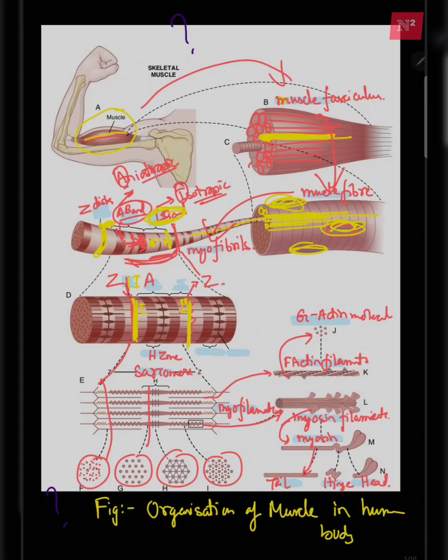If you take a cross section here, you will be able to see the H zone myosin tail. If you take a cross section from here, along with the myosin tail and F actin, you will be able to see the hinges also. So these sections are showing you the organization of the muscles in the human body, specifically skeletal muscle organization at the molecular level.